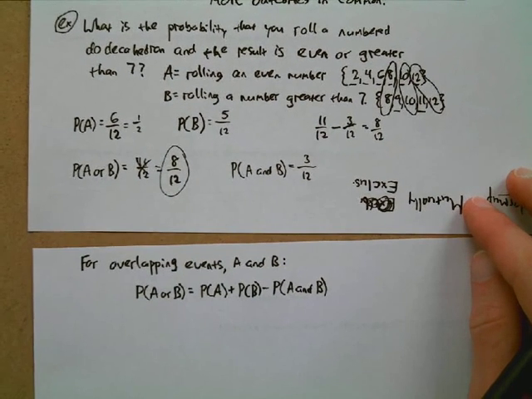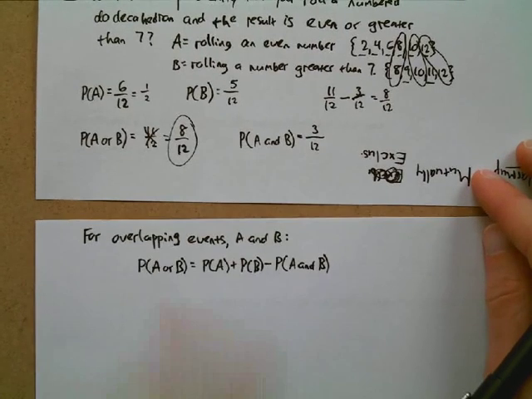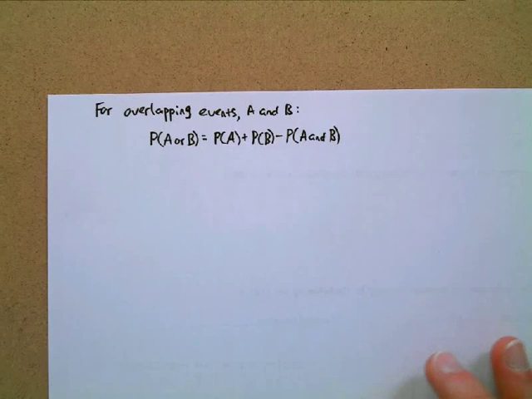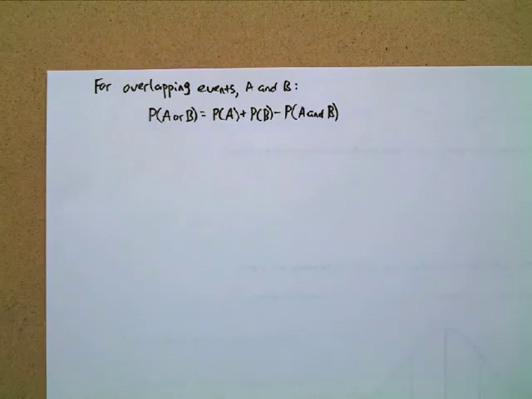Okay? And in fact, you could really use this same formula for the mutually exclusive ones as well. Because if two events are mutually exclusive, what would be the probability that A and B both occur at the same time?